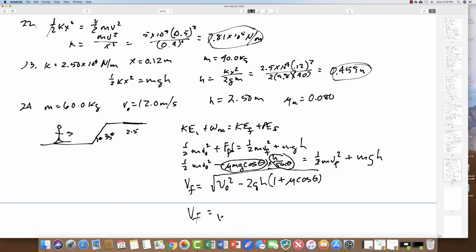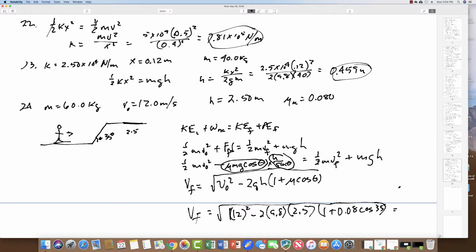And so Vf is equal to 12 squared minus 2 times 9.8 times 2.5 times 1 plus 0.08 times the cosine of 35 degrees.